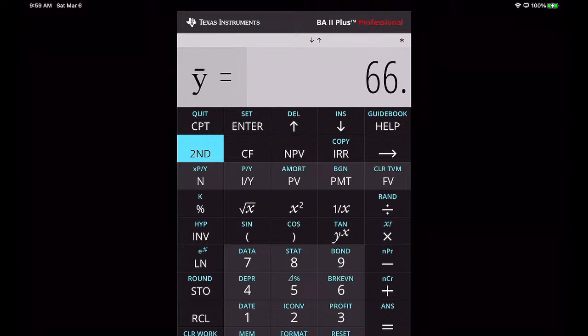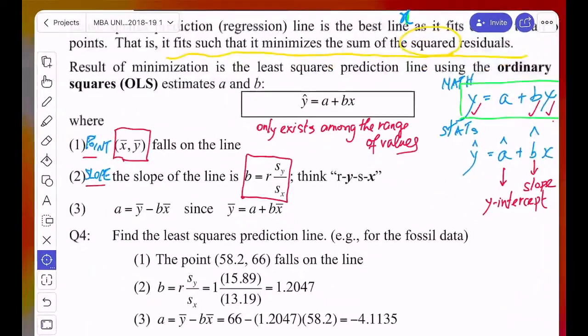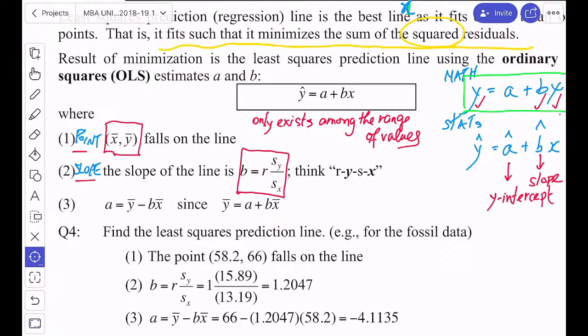Now, I need the SY and SX. If you go back and take just 2 decimal places, SY was 15.89 and SX was 13.19, and I can calculate the slope.